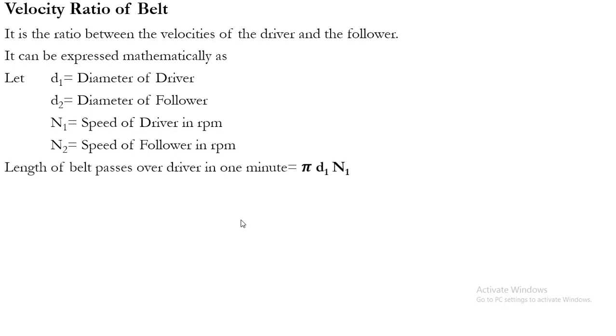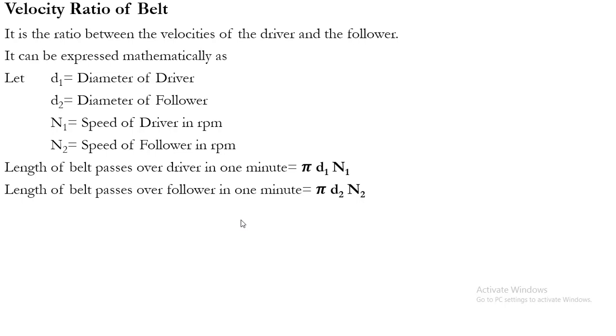Next, let us move to the length of the belt that passes over the driver in 1 minute. The total length of the belt that passes over the driver pulley in 1 minute can be taken as pi D1 N1. And we'll take the length of the belt which passes over the follower in 1 minute as pi D2 N2, because D1 is the diameter of the driver pulley and N1 is the speed of the driver pulley.